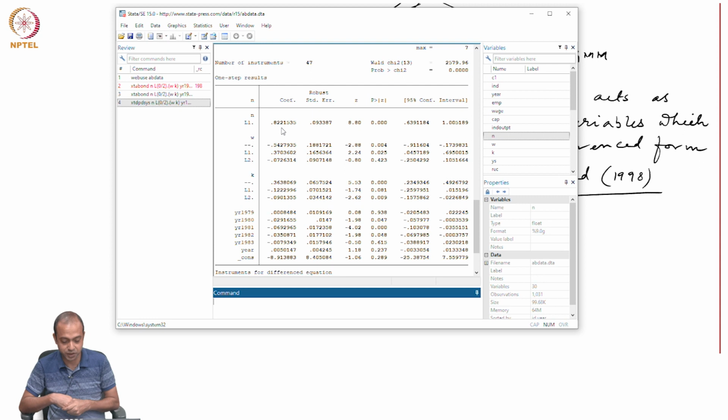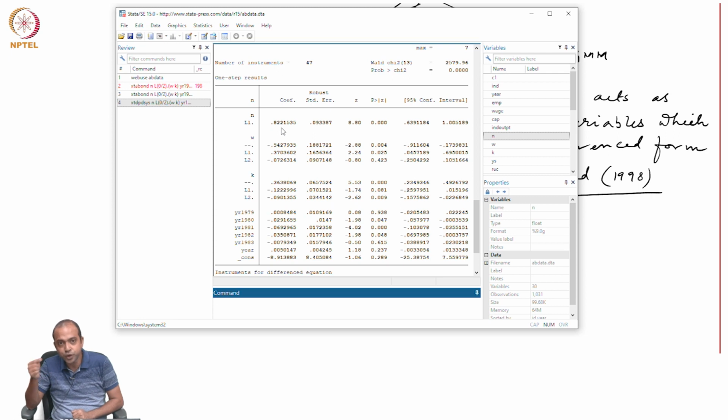as we have discussed previously. But we have also mentioned that there is a warning or cost for this system GMM because it puts additional restriction about the initial condition of the data generating process for YIT. Why is this so?